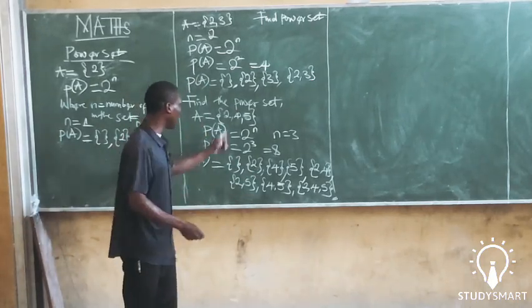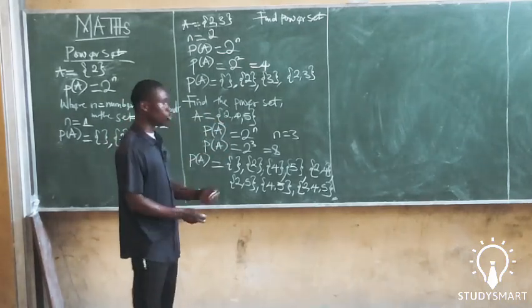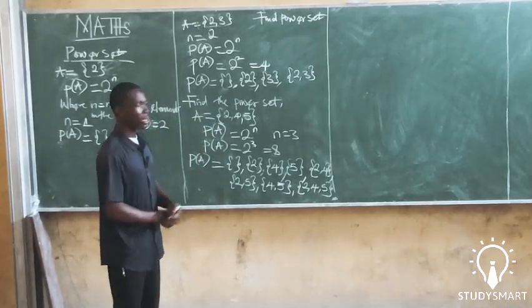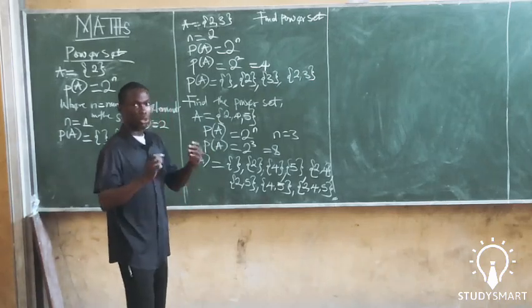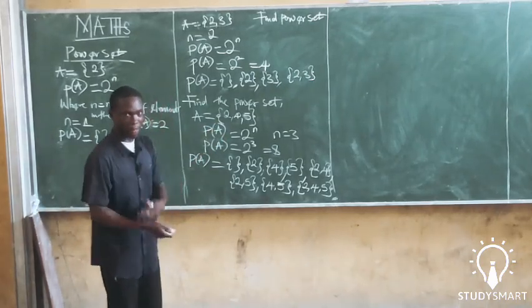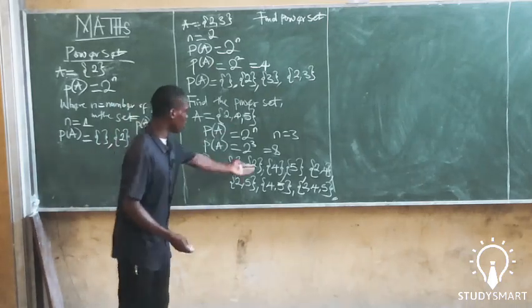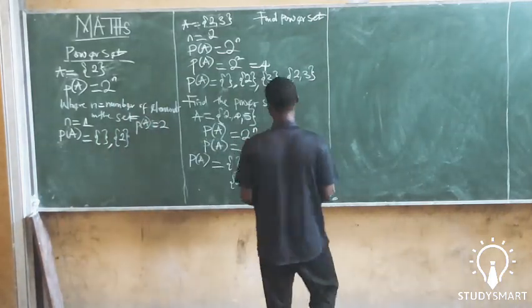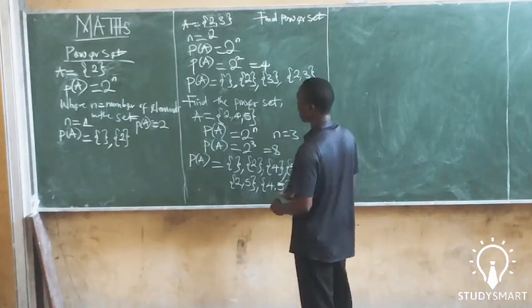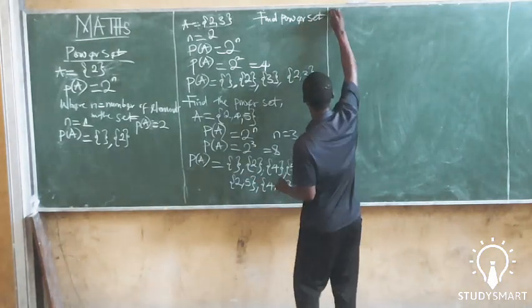Then, if they are more than 2, you take them in twos. Then after taking them in twos, you take them in 3. After taking them in 3, just like that, take them in 4 until you arrive at the set itself. So this is what we have as our final answer. What if we are asked to look for the power set?